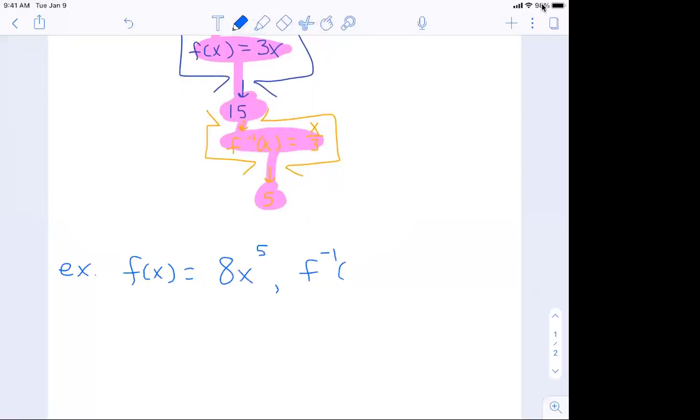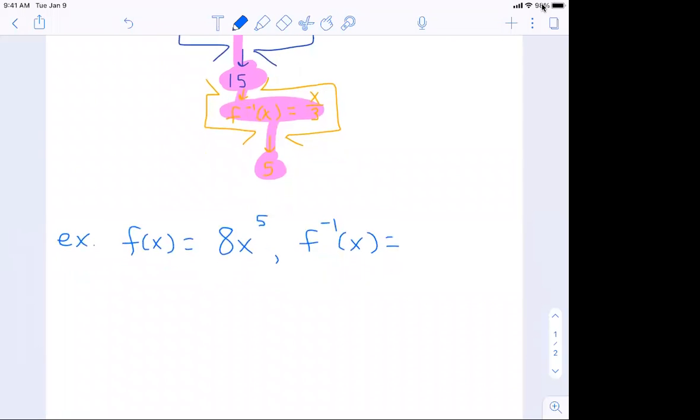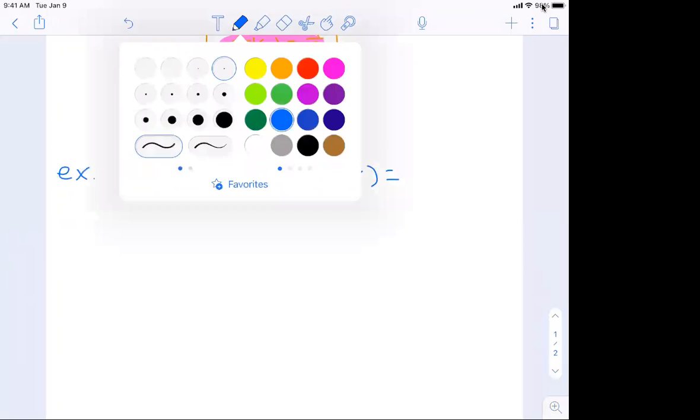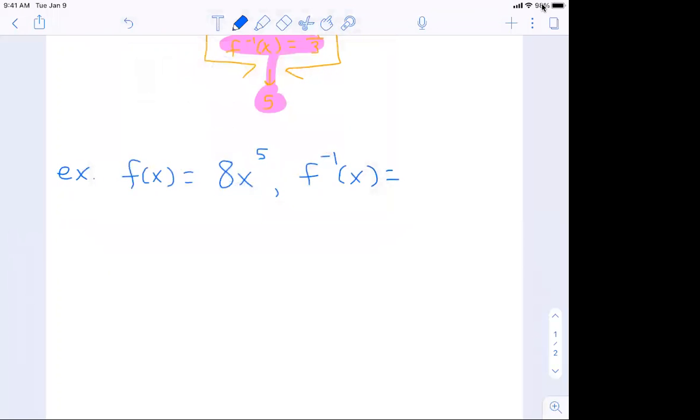So again, it's denoted with that little -1 there. That means the inverse. So the inverse of f. All right, so f of x is 8x to the 5th. Well, here's how I think your brain would process that. Think about if you plugged a number into this function. All right, well, if you plug a number into that function, the first thing you would do is go to the 5th power.